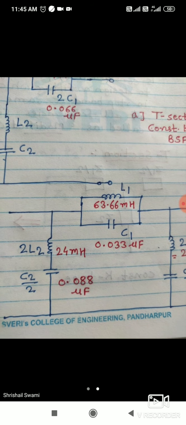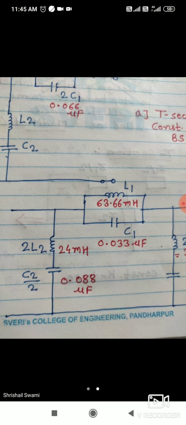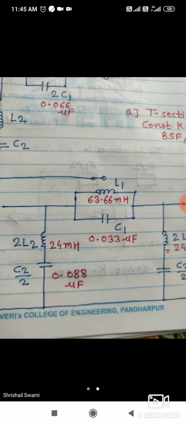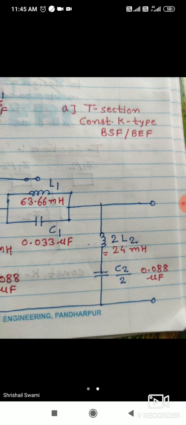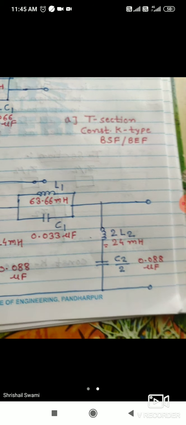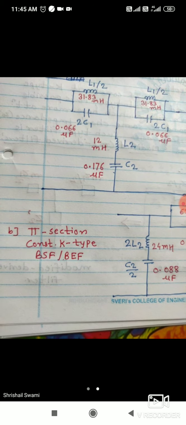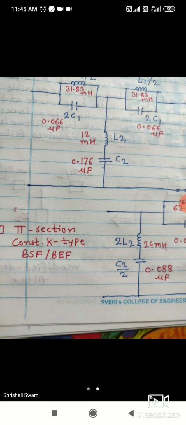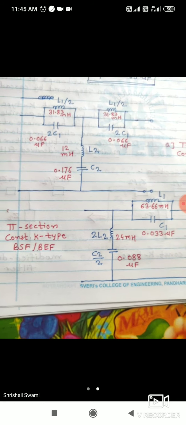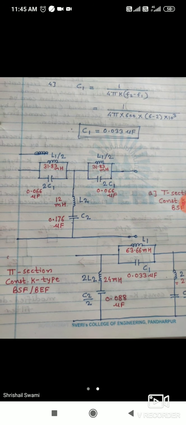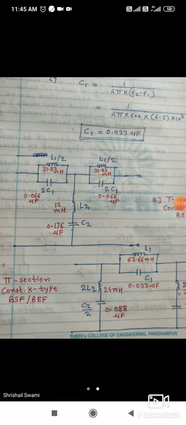C2 we got 0.176, make it half, that is 0.088 microfarad. Here also 0.088 microfarad. And mention the name of the figure: pi section constant K type band stop filter, band elimination filter. So in this way you have to solve the problems for 6 marks.